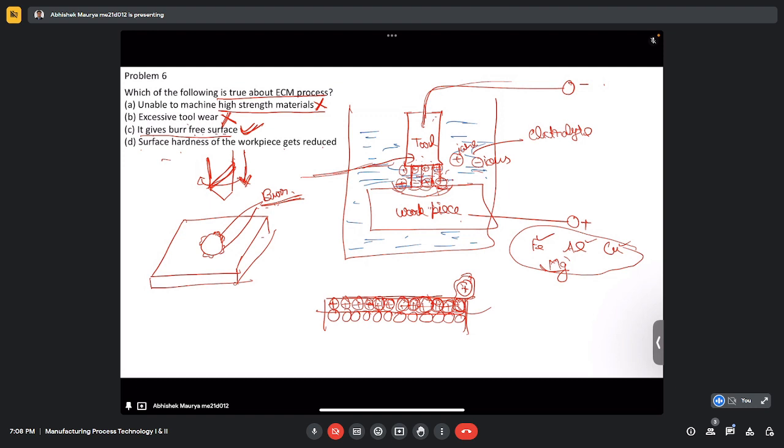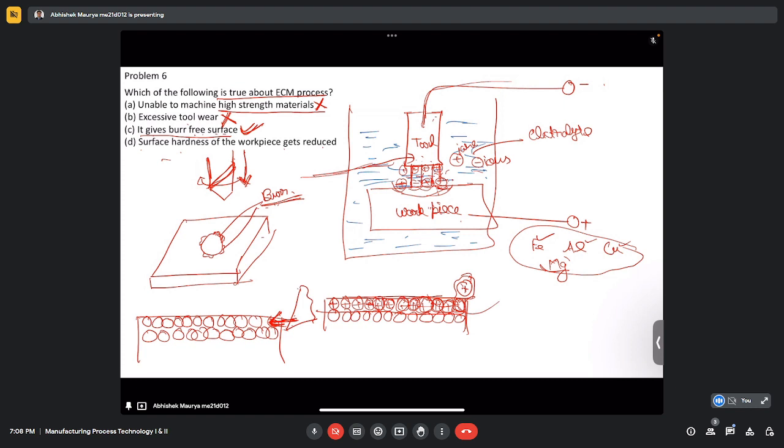Whereas in a conventional machining process, suppose we are trying to remove material with a cutting tool, a carbide tool, and this is the first layer of atoms. What we are doing here is moving the tool over the surface, giving some depth to the workpiece, and removing the material by plastic deformation.